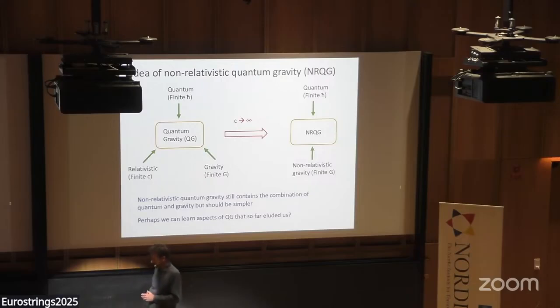So one can take certain limits and try to get a better handle on things. One of the interesting limits one can take is to take the speed of light to infinity. So you get rid of relativity and instead do non-relativistic quantum gravity. And then maybe you can learn something about quantum gravity, which is hard to do in the full theory.